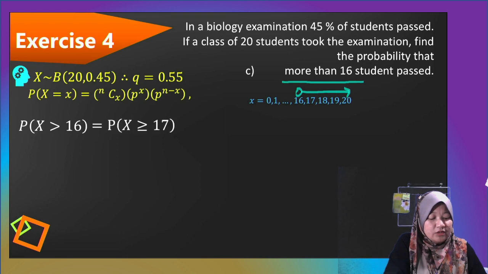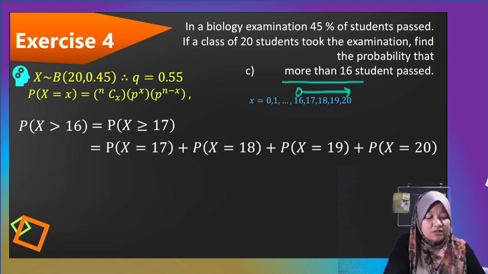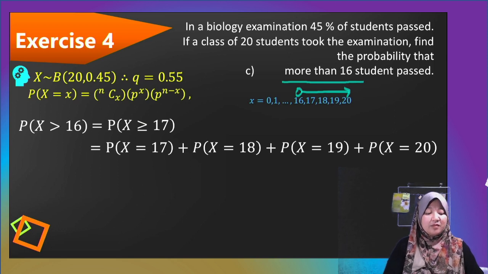So kita perlu tambahlah, maksudnya dekat sini greater than 16 samalah dengan probability x greater than or equal to 17. Okay, sebab 16 tidak termasuk, jadi nombor bulat yang ada dalam lingkungan ni adalah 17, 18, 19, 20. So kita kena tambah semua 17, 18, 19, 20.